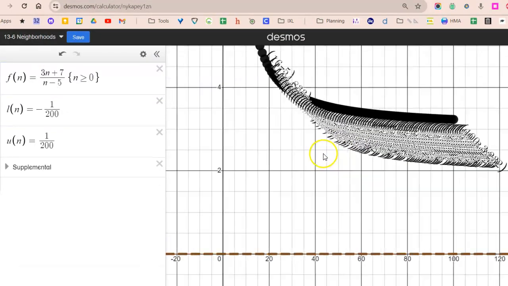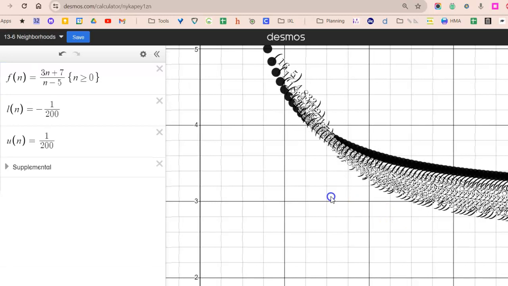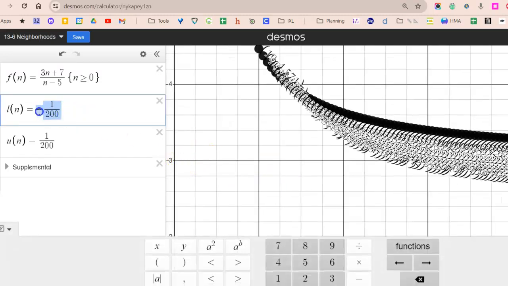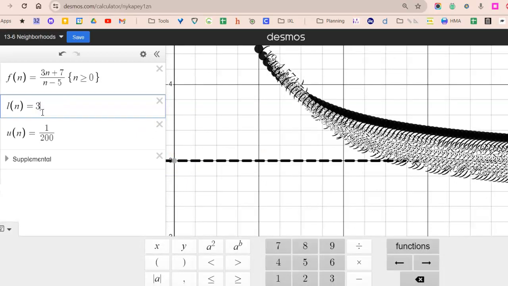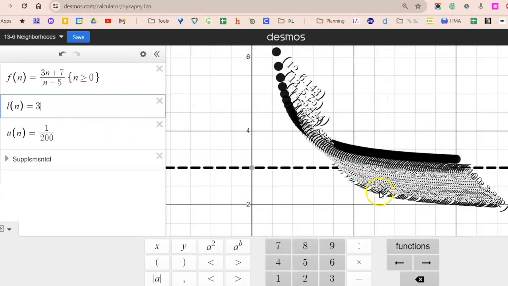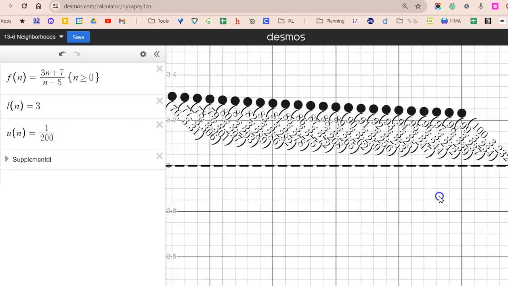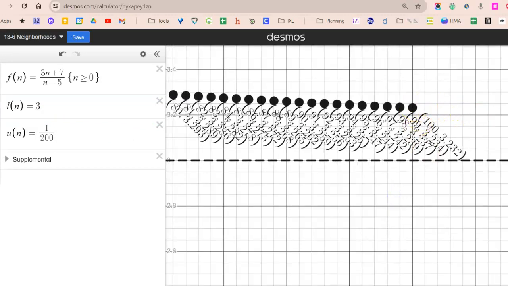And you can see roughly it's approaching 3. Just got to zoom in a little bit, but it's getting closer and closer. It's not too close to it, but it's getting there.